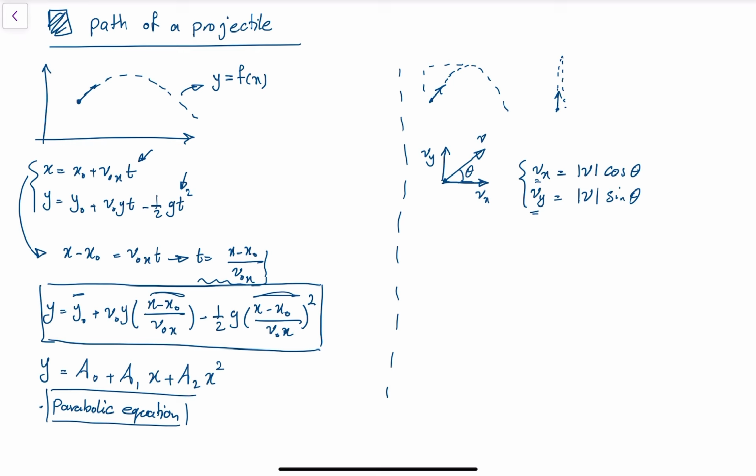We can calculate maximum height if we set velocity in the y direction to be 0, and so on. There is quite a bit of variety. Somebody can formulate a projectile motion problem in many ways, but all of them are based on just the simple equations of constant acceleration along y and constant but 0 acceleration along x.